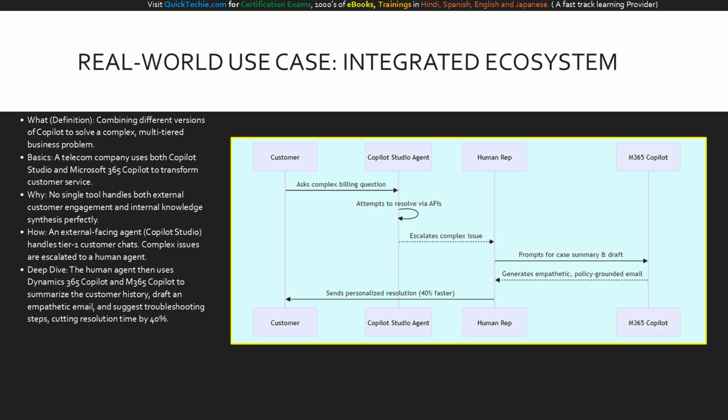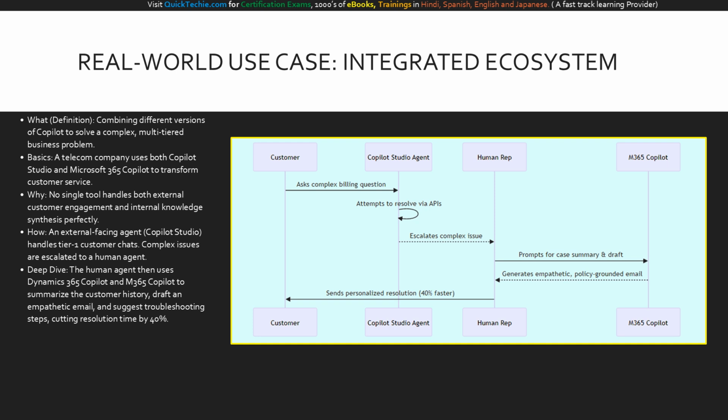This is where the ecosystem shines. The human agent opens Dynamics 365 Copilot to instantly summarize the customer's historical data and uses Microsoft 365 Copilot to draft a highly empathetic, compliant email based on internal policies. By combining the external power of Studio with the internal productivity of M365 Copilot, this company reduced resolution times by 40%. This is the ultimate business value of mastering the Copilot ecosystem.